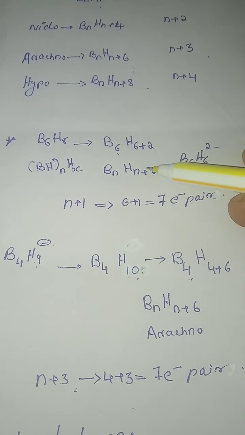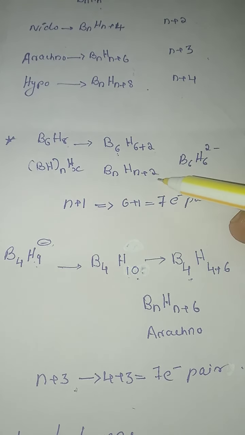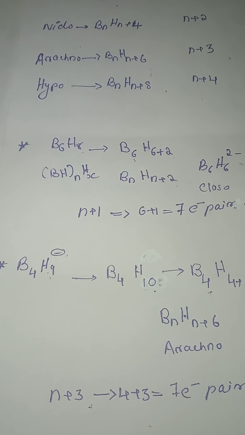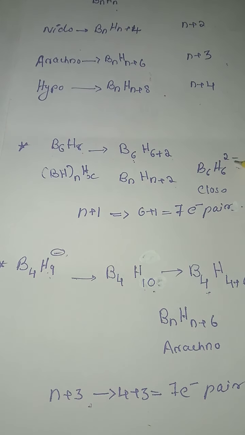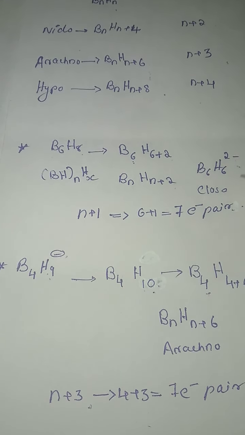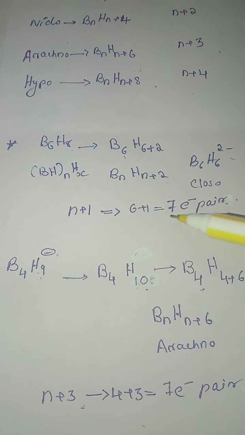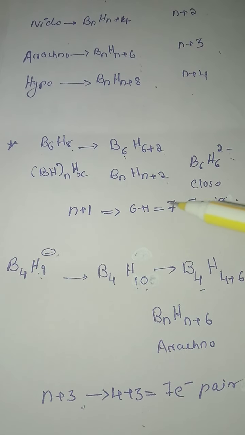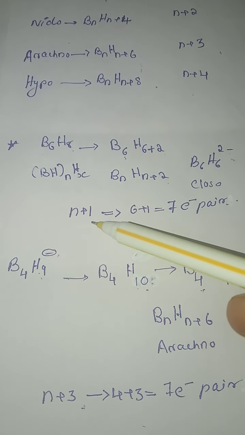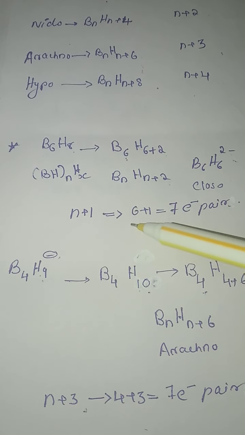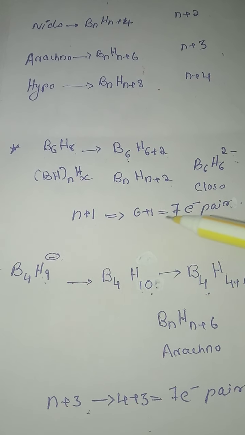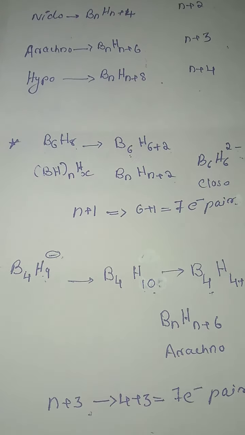It is of the form BnHn+2, which can also be written as B6H6 2-. This is a closo structure, and the number of skeletal electron pairs can be found by n+1. Here n is 6, so 6+1 is equal to 7 electron pairs.